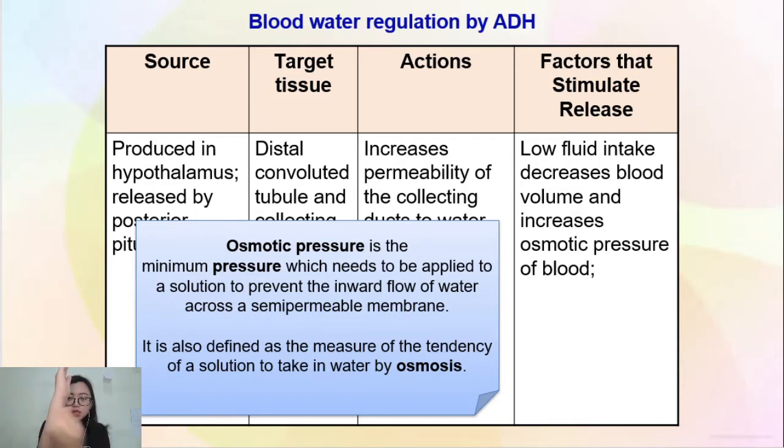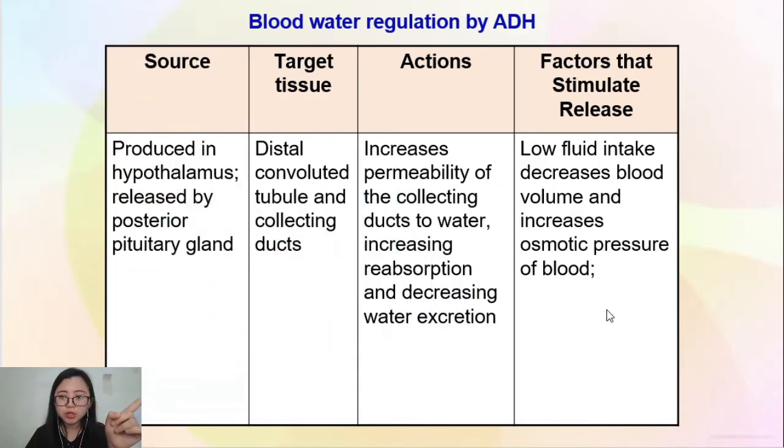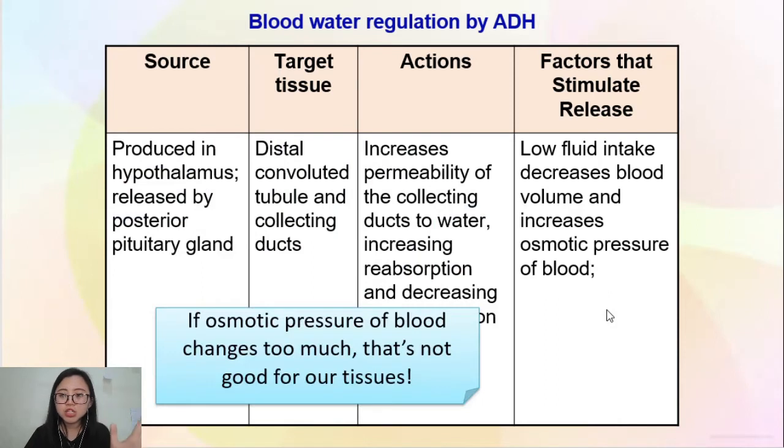Ataupun dia tidak limpas pun. This is also defined as the measure of the tendency of a solution to take in water by osmosis. If you understand those points, that is great. Good for you. If you don't understand, that's all right. We don't need to remember that. Just know that if the osmotic pressure of the blood changes too much, that's not going to be good for our tissues. So we need to take care of the osmotic pressure of our blood.